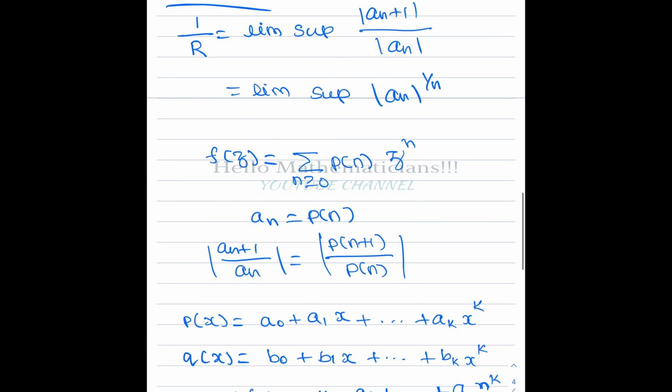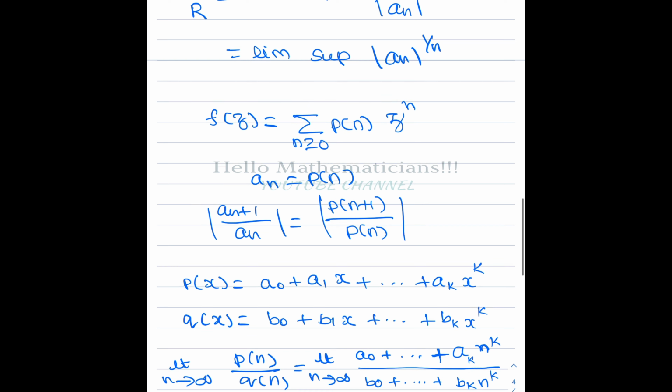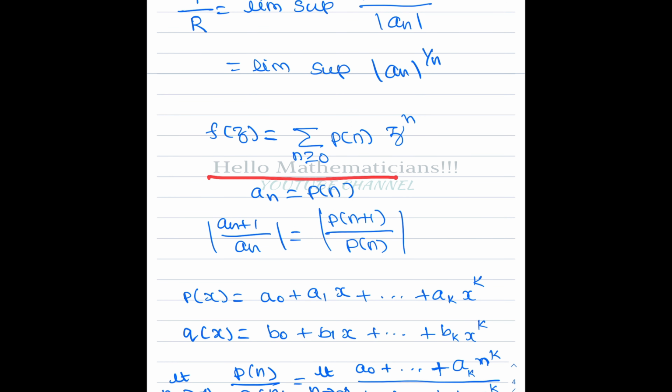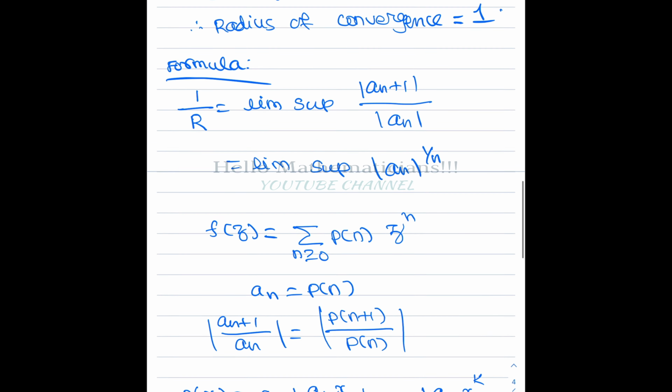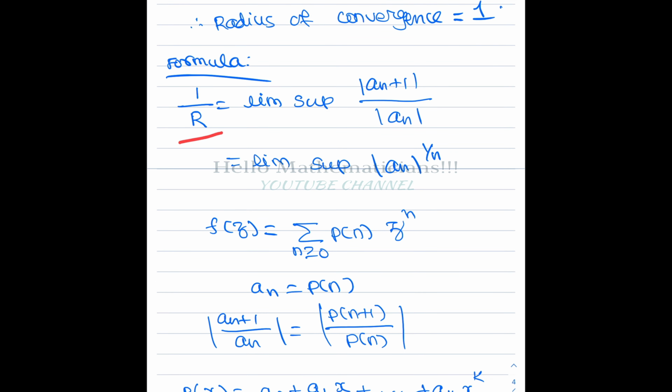And this is our power series about the origin, the power series given in the problem. What is the coefficient? Coefficient a n is p of n. We want to find the radius of convergence, so we want to find this limit.